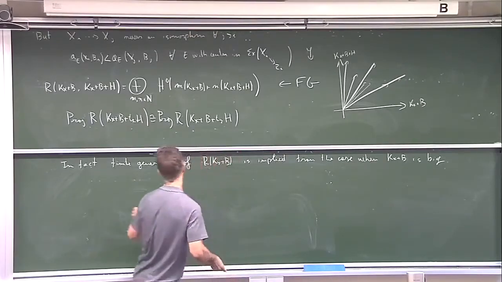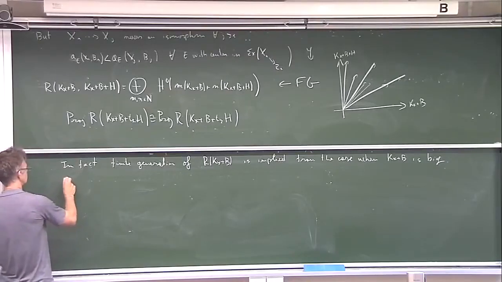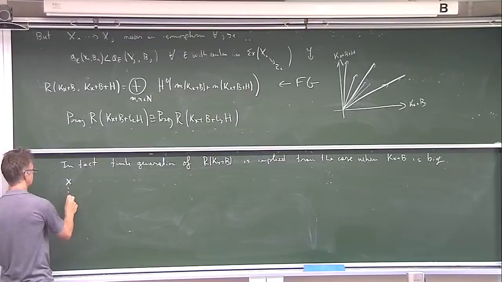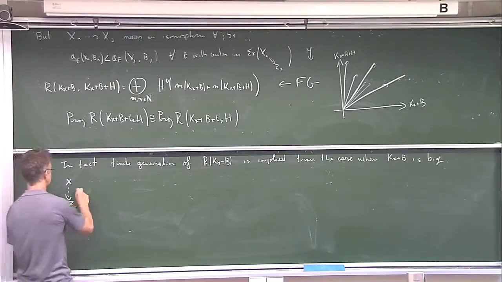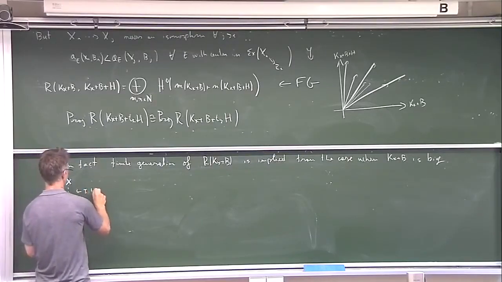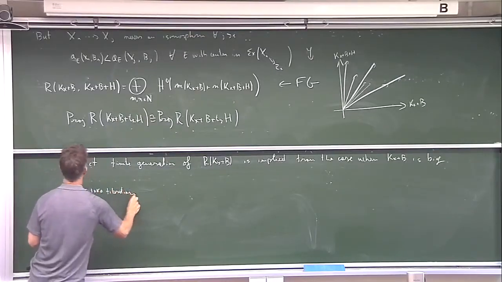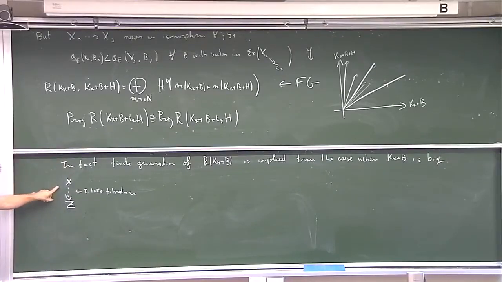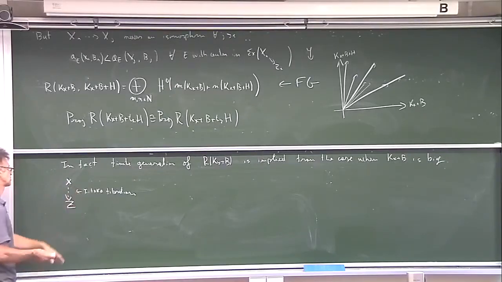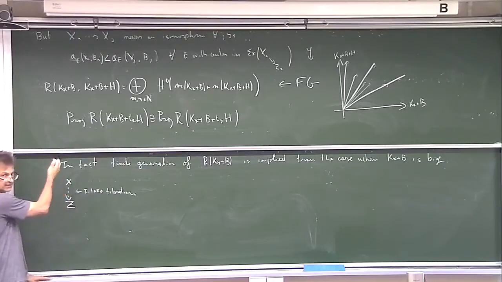How does that go? You look at X, and you consider a map down to, let's call it Z, the Iitaka fibration. I'm telling you I want to reduce it to the case when K_X plus B is big. So I'm interested in the case where the Iitaka fibration has positive dimensional fibers. So let's just think of the Iitaka fibration birationally. So let's resolve the singularities of this map.